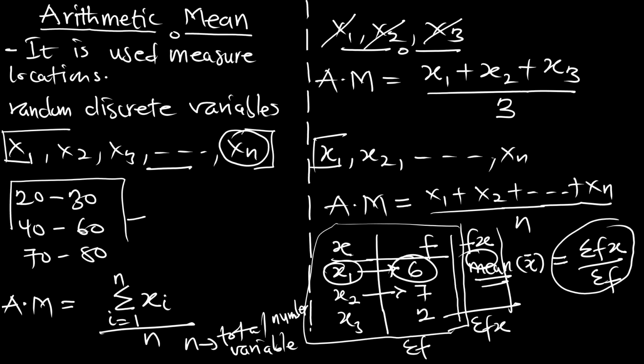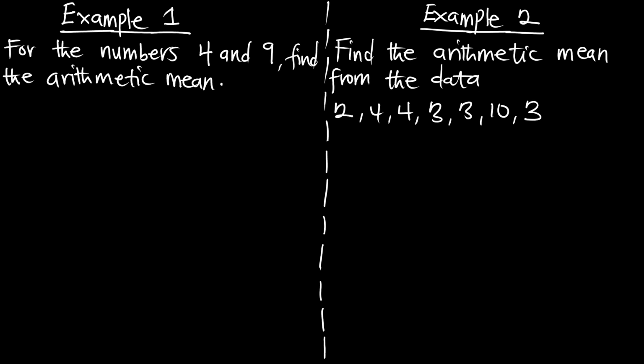So let's start with our examples. Example 1. For the numbers 4 and 9, find the arithmetic mean. So we have two numbers, which are 4 and 9, and we have to find the arithmetic mean. First, I'll write that my n is going to be 2 because it is 4 and 9. Before you write AM, try to define the term before your solution.